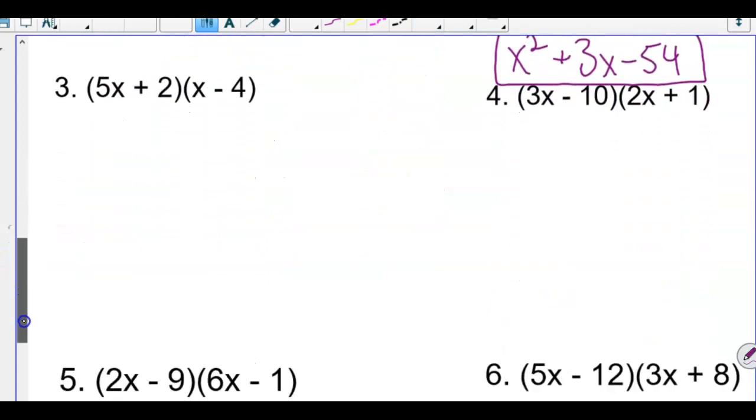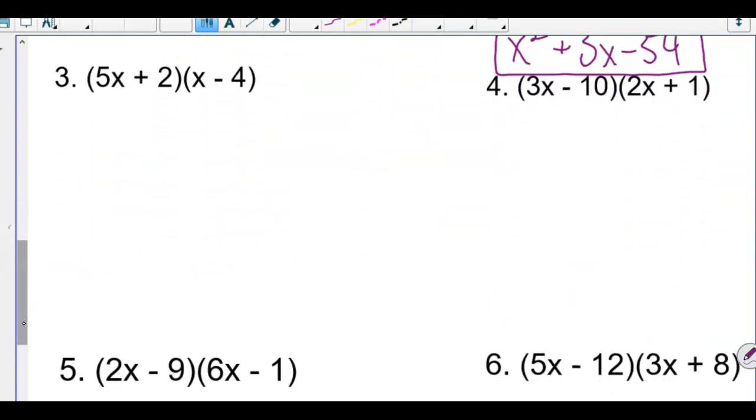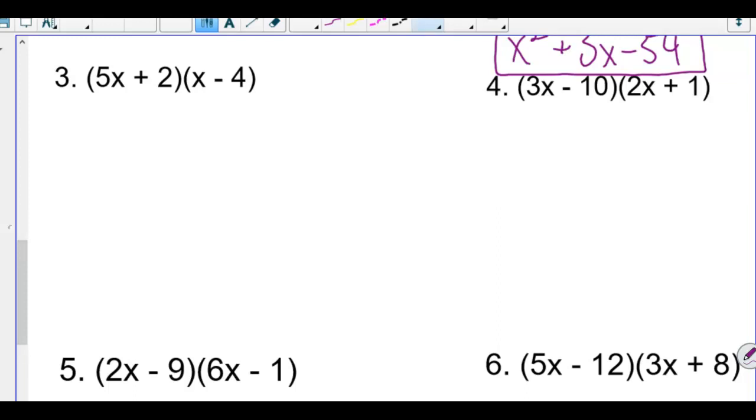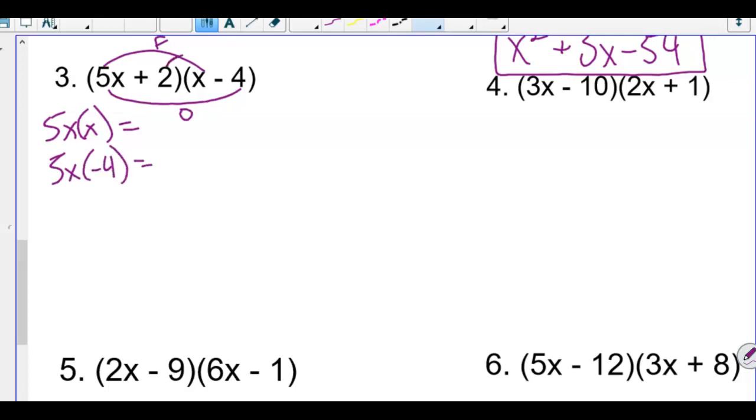We're going to do this 2 more times. I'm going to do number 3 using FOIL. So my first terms would be 5x and x. My outer terms would be 5x and negative 4. My inner terms would be 2 and x. And my last terms would be 2 and negative 4.